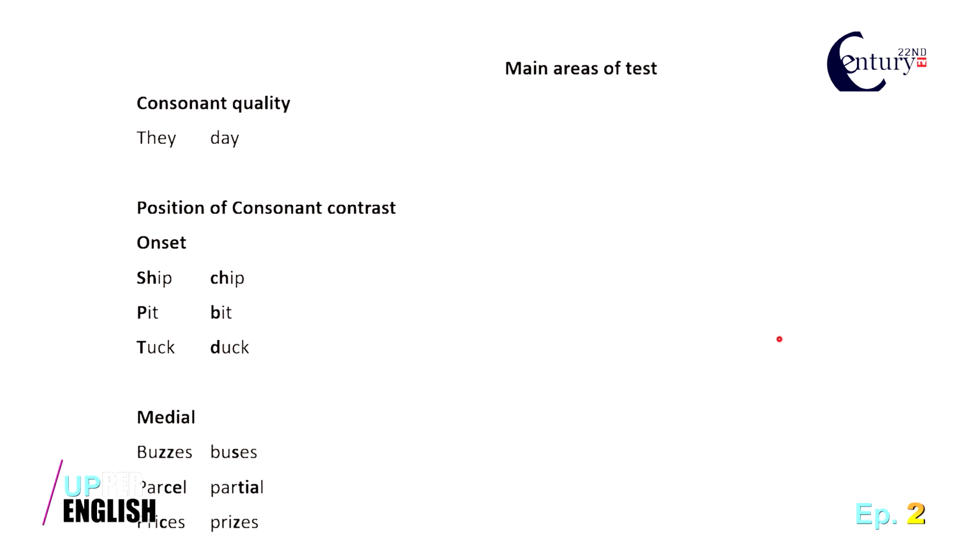And we have prices and prices. The difference is between the S sound, the price, and of course prices, the Z sound there. So here the difference comes in the middle. We call this one medial.